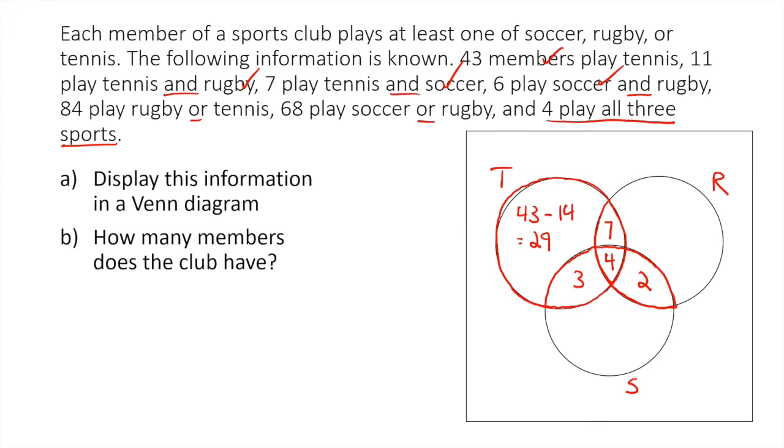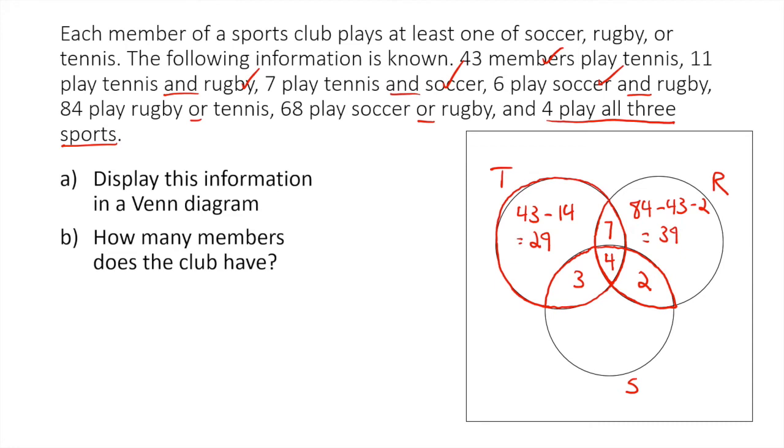Well, we know that there are 84 people total, but we need to subtract from that now the 43 people that play tennis. We also need to subtract from that the 2 people that play rugby and soccer. And what we end up with is the answer of 39.